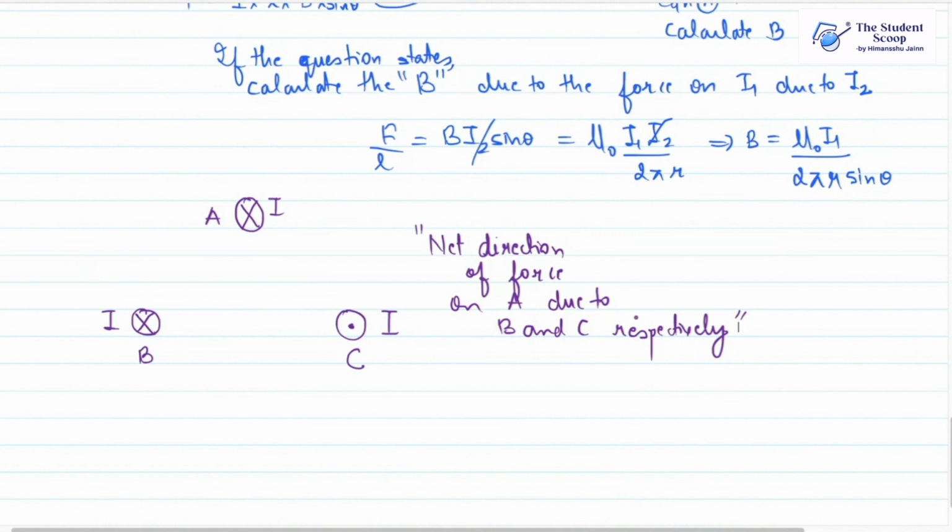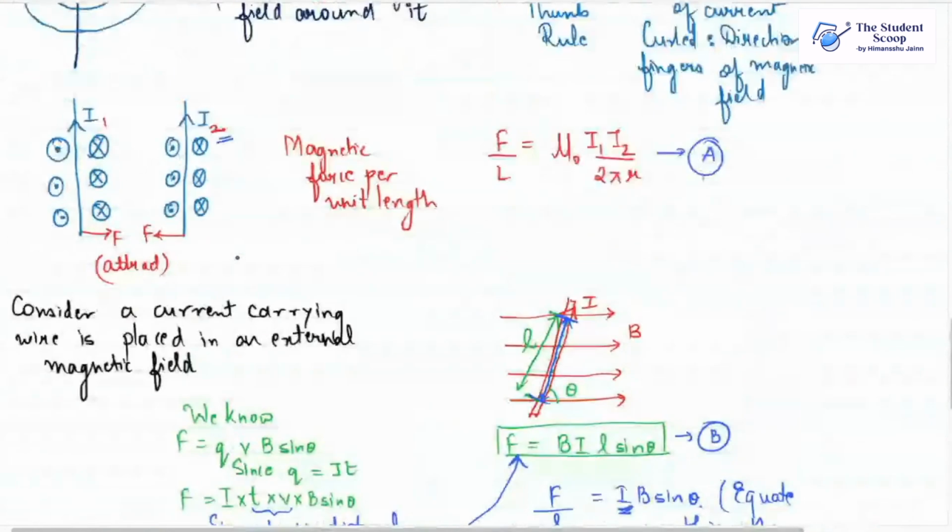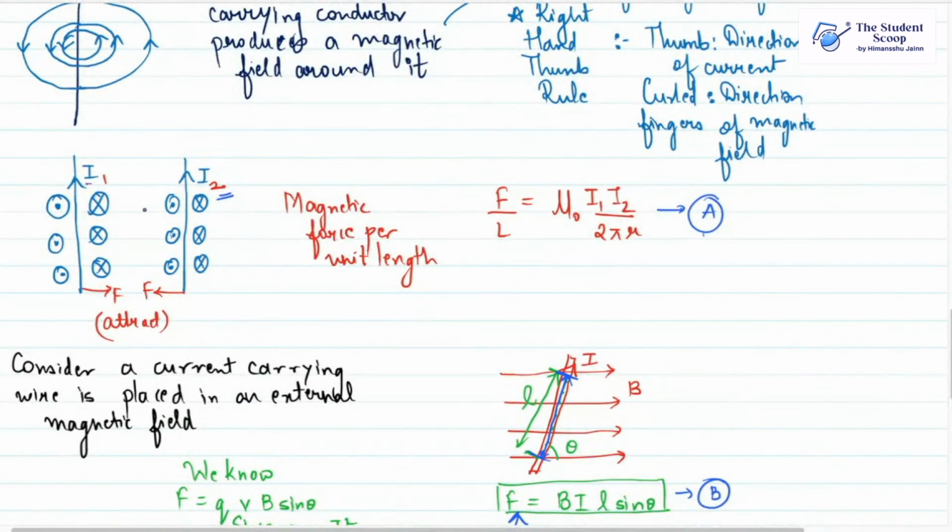So A and B are into the page and C is out, right? Yeah, the current in A and B is into the page and C is out of the page. So will A and B attract? As we saw here, when the currents are in the same direction, they attract.